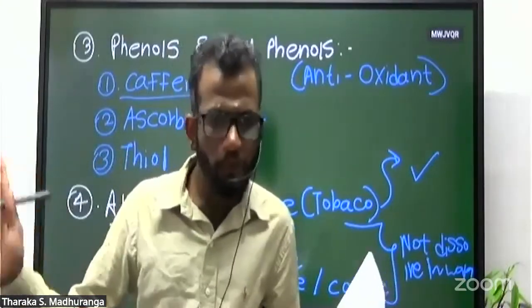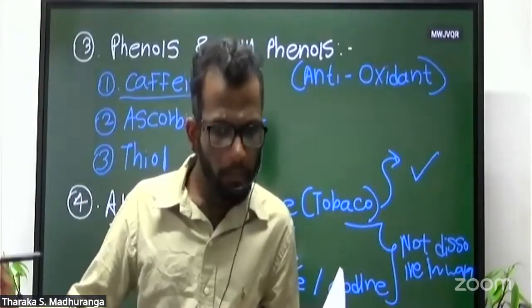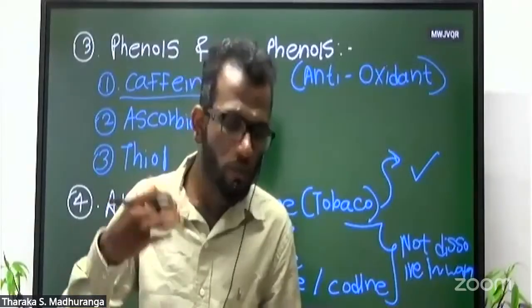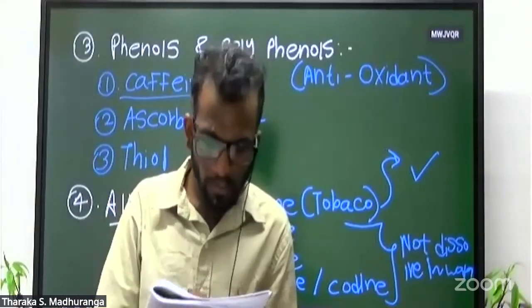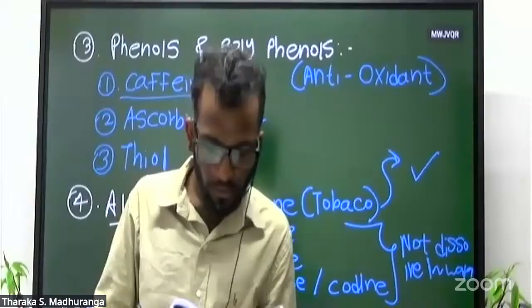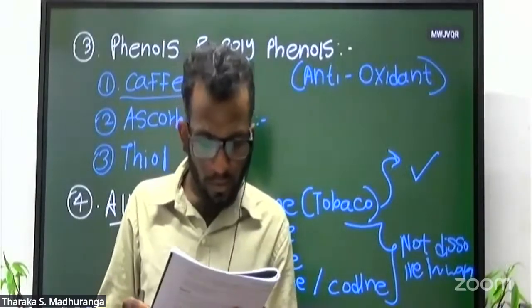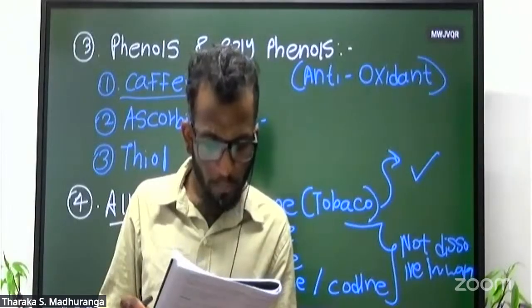Okay, then go to the table. The types of secondary metabolites are completed. This table is not related to alkaloids. I forgot to put the topic here.